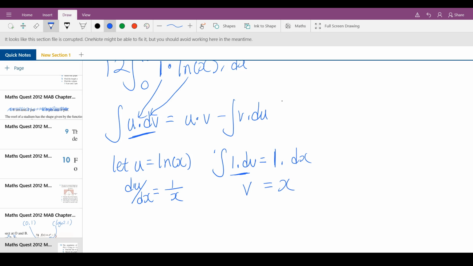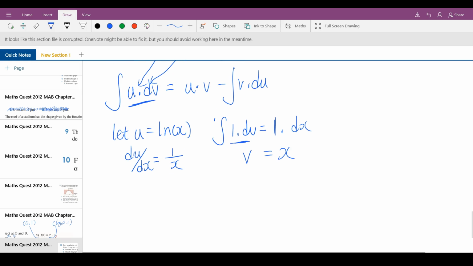All right, because it's very hard to explain right now, but that's just what it is. I'm sorry guys. So we remember, now we have to integrate 1 ln x, which is what we want, is equal to u times v.